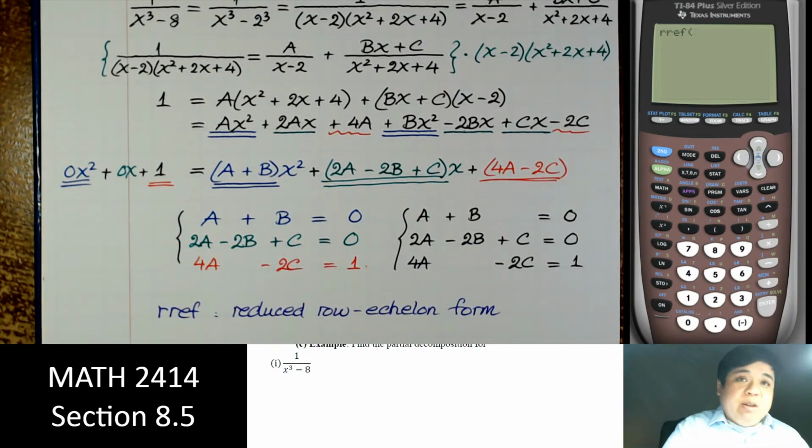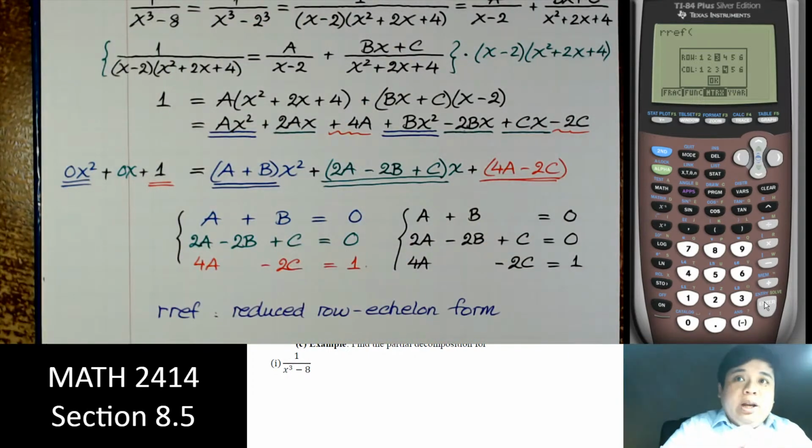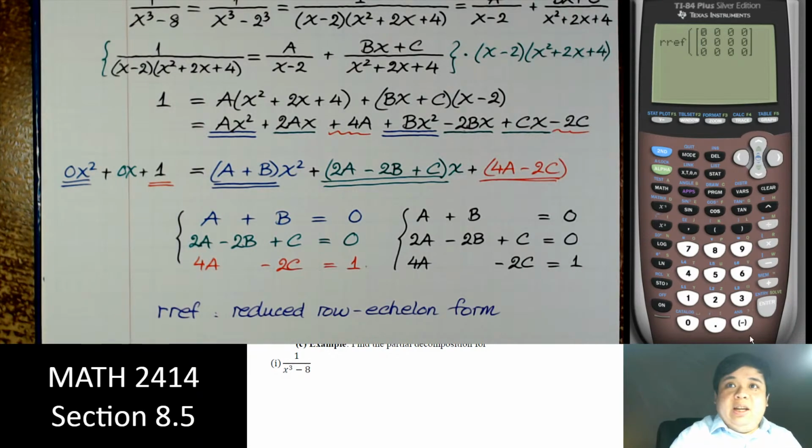Right, be careful with this. We enter the matrix, alpha and zoom. We go to 3 rows, hit enter, 4 columns, hit enter, and then OK. After that we do not hit the enter key until we enter all the numbers.